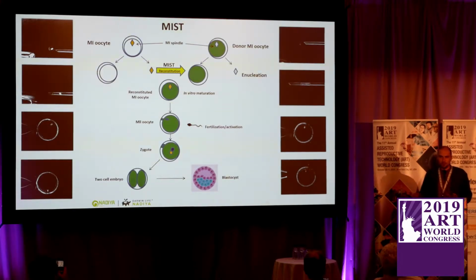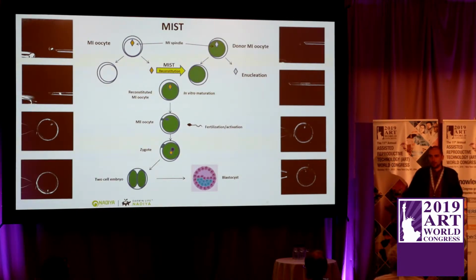It's much easier to perform this type of nuclear transfer than M2 nuclear transfer, because you don't need to get rid of a polar body from the donor cell, and the spindle is very big, so it's very handy to remove it from the cell, and all the other steps are very simple.